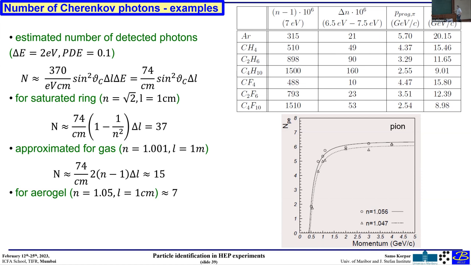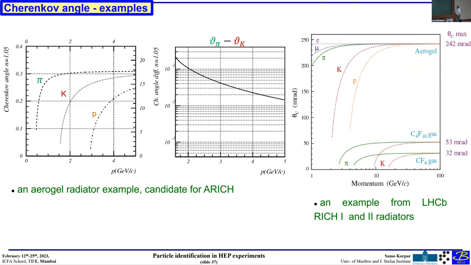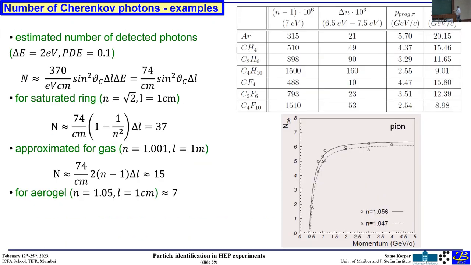So for a solid or liquid radiator, a short distance is already enough to get enough photons. Now in the gas, for 1 meter of gas with a refractive index of 1.001, which is somewhere in the middle of the range, you can see some refractive indices. This is actually n minus 1 times 10 to the 6. So what is calculated here is in between these two, close to this one.